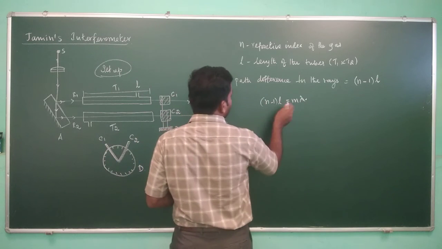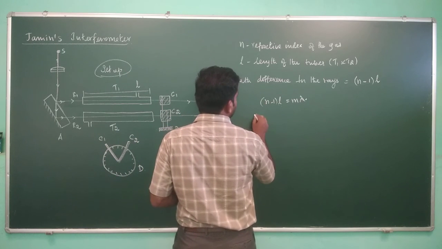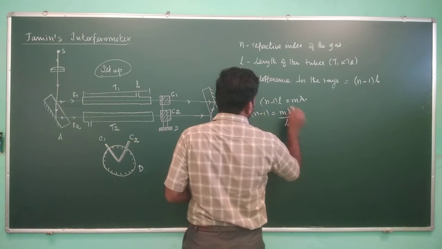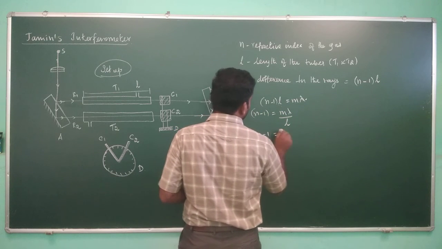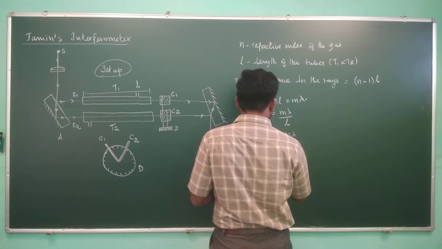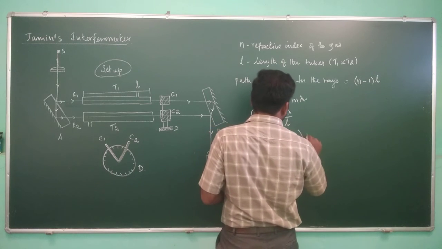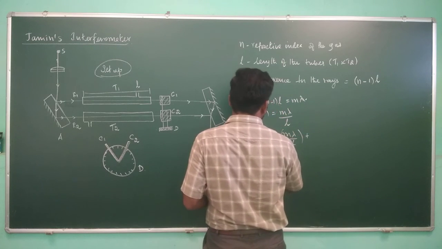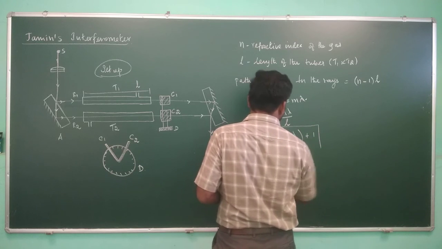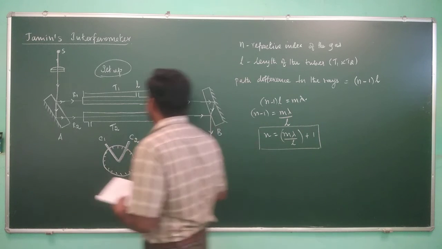How to do that? You can rewrite this equation: n minus 1 equals m lambda by L, so n equals m lambda by L plus 1. So this is the simple equation for the refractive index.